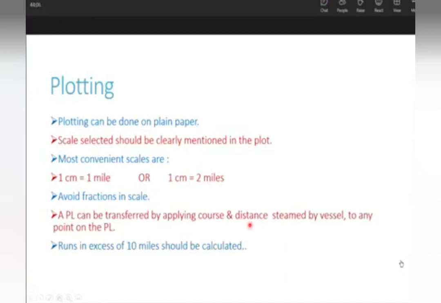Now, which of these two methods should be used in a particular question? If the distances involved are less than 10 miles, you can directly apply the course and distance geometrically using the plotting tools. But if the distance exceeds 10 miles, then you should prefer using the calculation method.